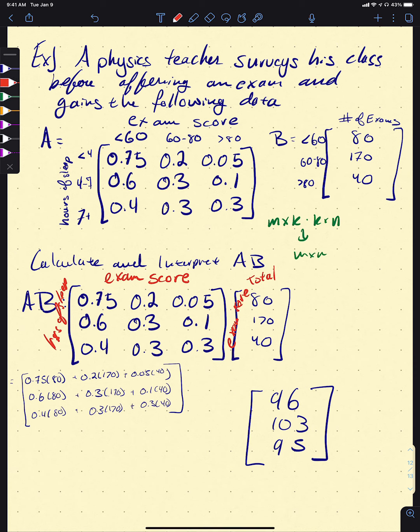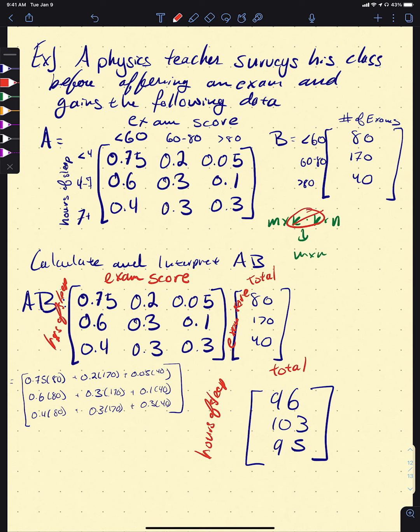So if you want to think of it this way, the matrix multiplication eats these center guys and leaves you with an m by n. And that's precisely what we have here. We're eating the exam scores; those are going away, and what we're left with is hours of sleep here and total here.